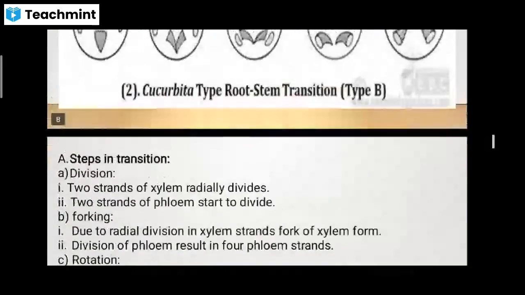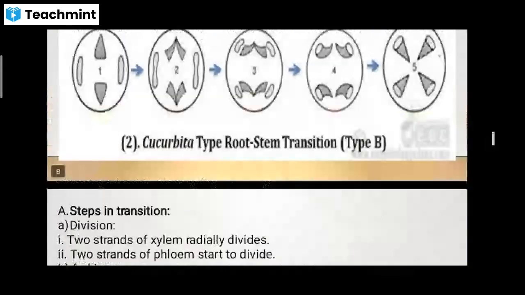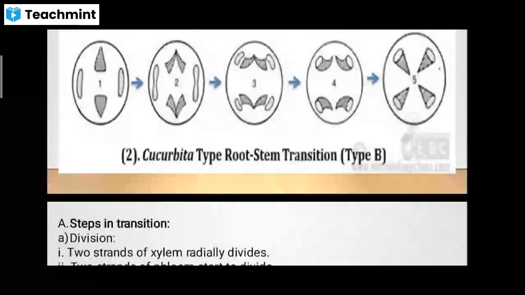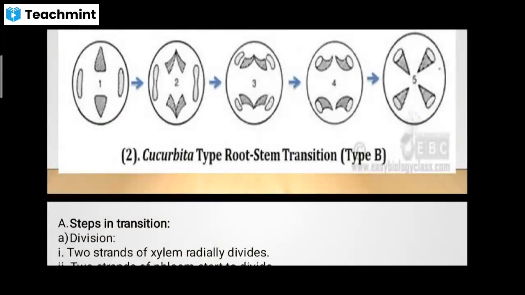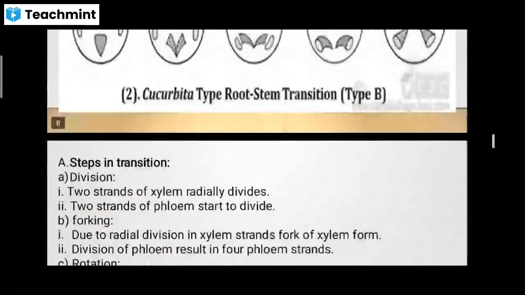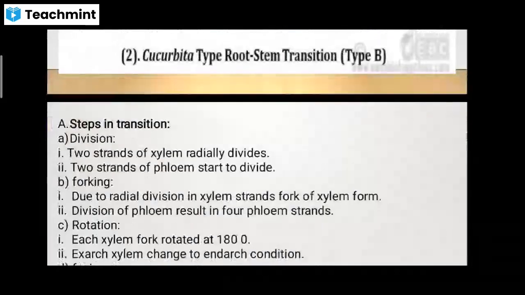So you see here in figure number 3, there are the xylem strands. They are forked here, so they form two different forks. And the phloem strands are completely divided, and they form the four different phloem strands.